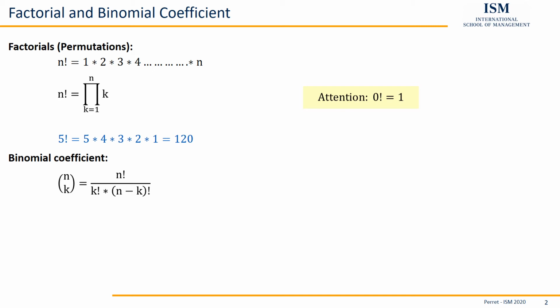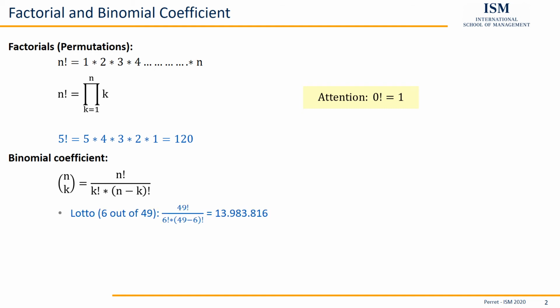And then n over k tells me how many different samples exist. So I have n people, and I want to build groups of size k. How many different groups of size k are possible in this case?